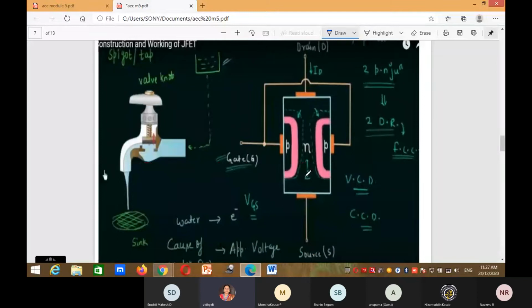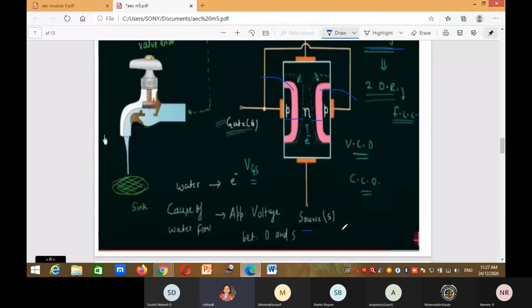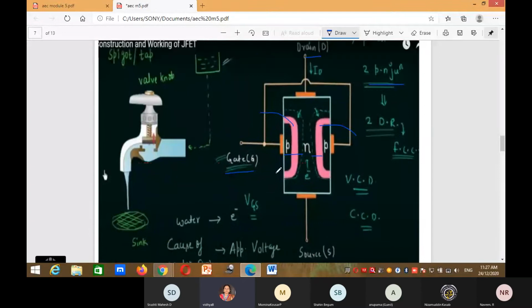Two PN junctions are used here, one PN junction and another PN junction. These are the depletion regions, two depletion regions for the two PN junctions. This is the drain, this is the source and this is the gate. FET is nothing but a voltage control device.